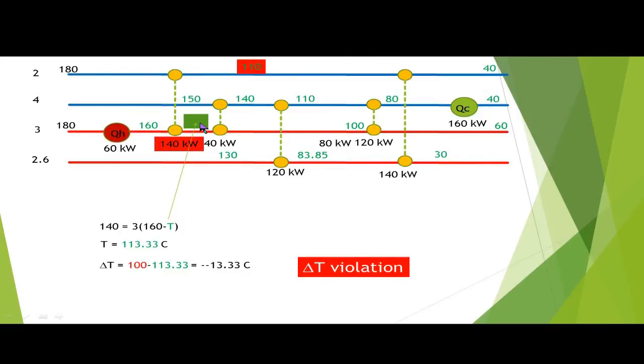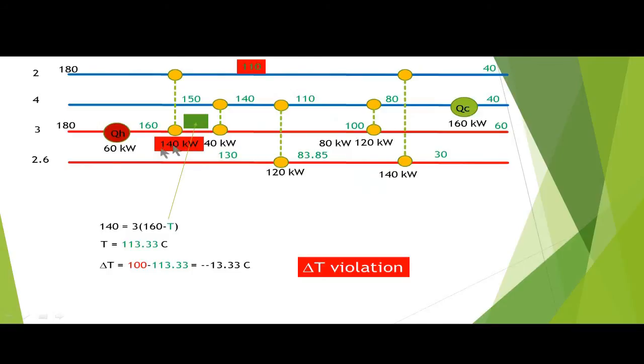The temperature is 113, and the temperature is 110. So the delta T between hot and cold stream becomes negative, which gives a temperature difference violation. So we should do something on this diagram.